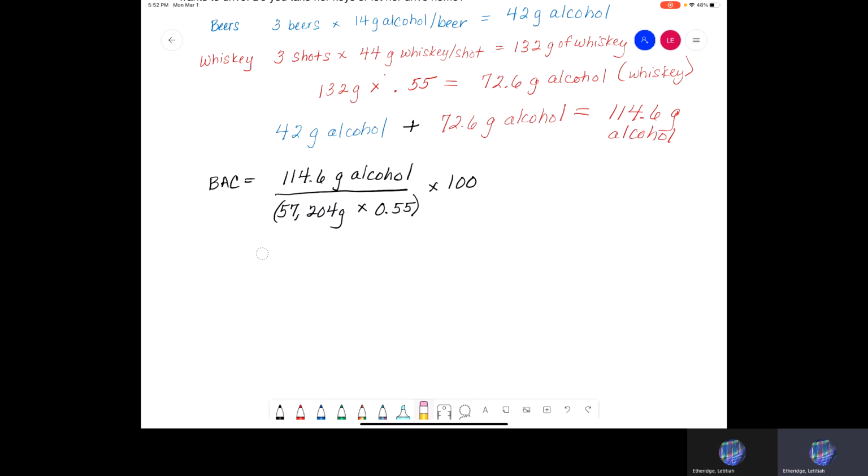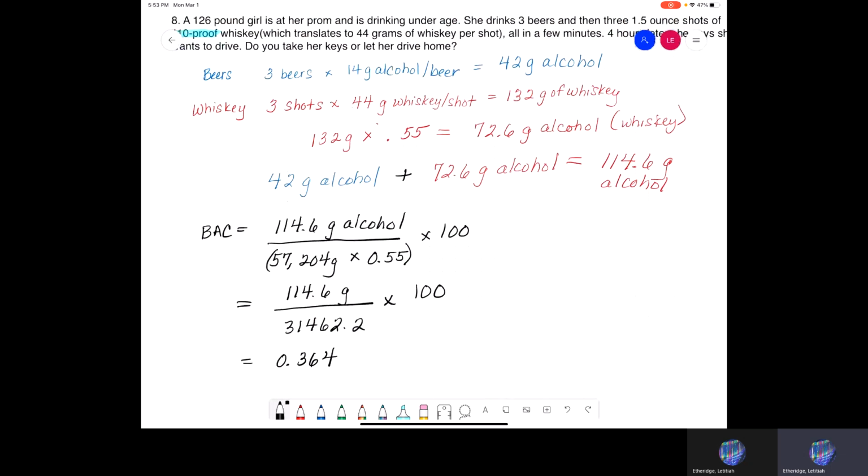Much, much better. So we have 114.6 grams divided by 31,462.2. I was looking at that number and thinking, she has to be drunker. 114.6 divided by 31,462.2. That's better. Times 100. The number is going to be 0.364.